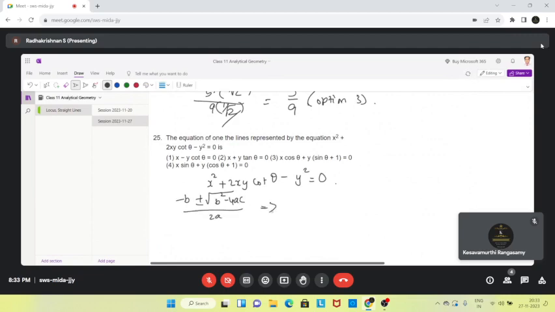So in this case, minus b is minus 2 cot theta, plus or minus square root of b square, 4 cot square theta, minus 4ac. So a and c are 1, right? Over 2a.